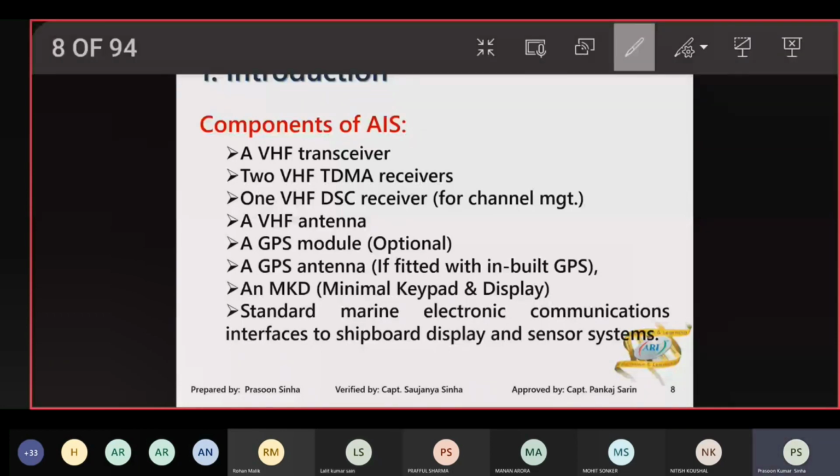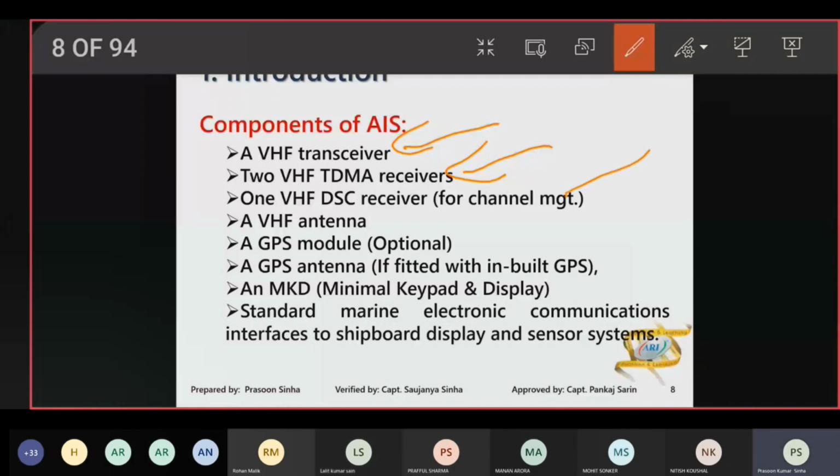VHF पे ट्रांसमिट हो रहा है, इसलिए ट्रांसमीटर रिसीवर होना चाहिए. Then there is something new looking like TDMA receivers. वो भी दो, एक नहीं दो. So we'll talk about this TDMA receiver और TDMA functionality in detail. आगे बात करेंगे हम लोग.